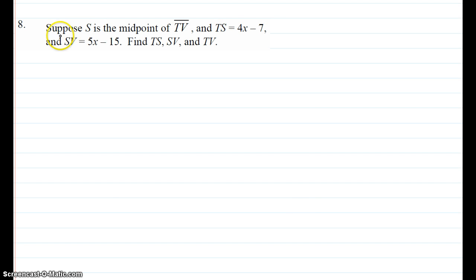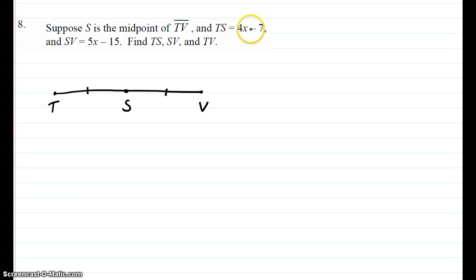All right, for number 8, suppose S is the midpoint of TV. So let's go ahead and draw a segment. We'll make this T, we'll make this V, and we'll put S in the middle. The one thing we know about a midpoint is that the left-hand side and the right-hand side are going to be the same.